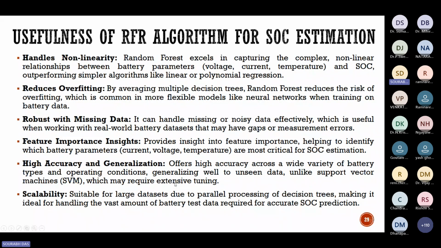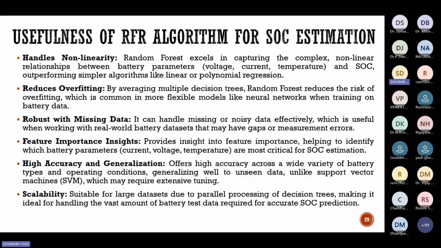It is also robust with missing data. It can handle missing or noisy data effectively, which is useful when working with real-time battery datasets that may have gaps or measurement errors. It also provides insights into important features, identifying that the parameters voltage, current, and temperature are most critical for SOC estimation.